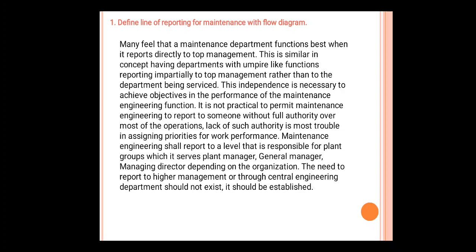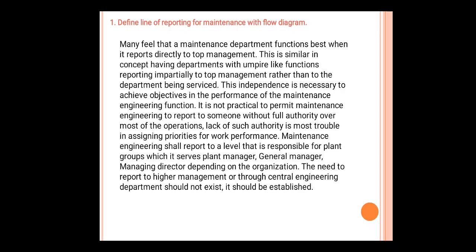So from the low level worker to top level management, whatever actions take place, that is nothing but the flow diagram. Just analyze for yourself what kind of activities take place while changing parts or equipment.